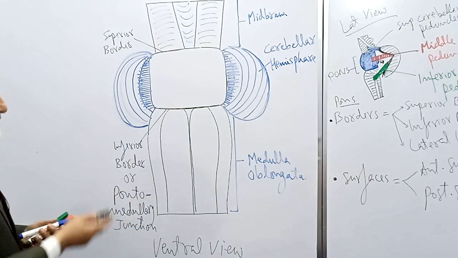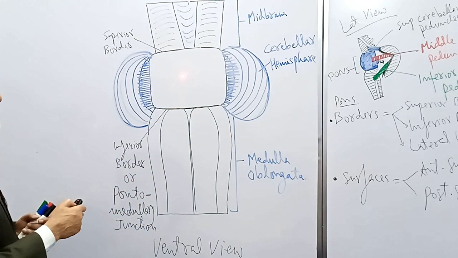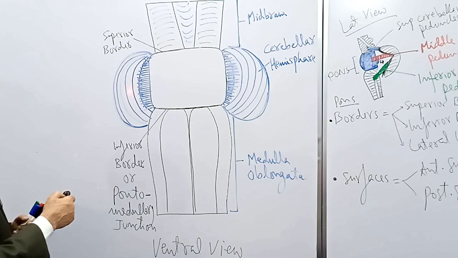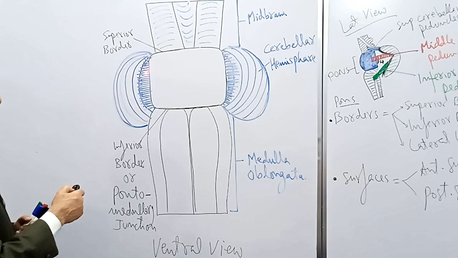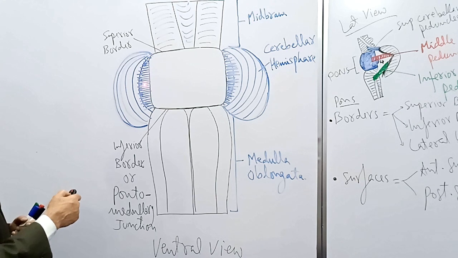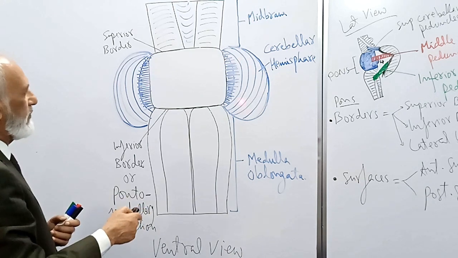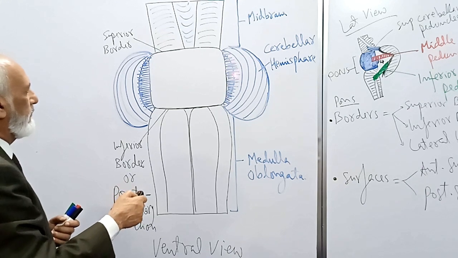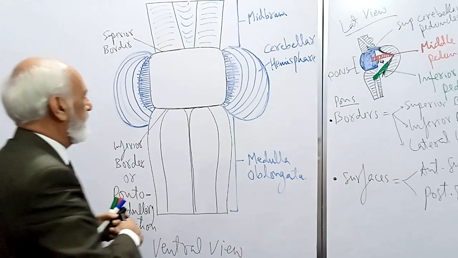So the cerebellum is connected to the pons by middle cerebellar peduncles. The right cerebellar hemisphere is connected to the pons by the right middle cerebellar peduncle, and the left cerebellar hemisphere is connected to the pons by the left middle cerebellar peduncle.